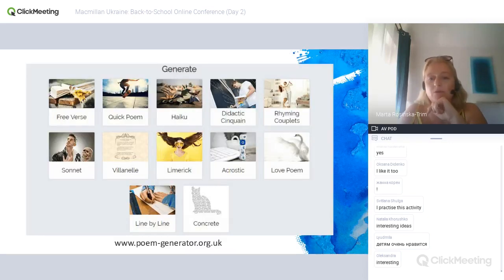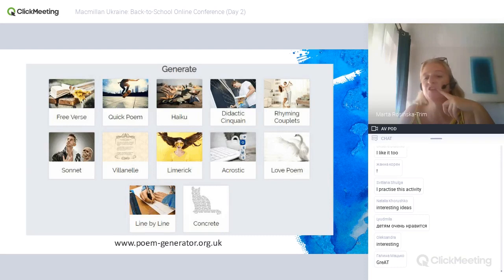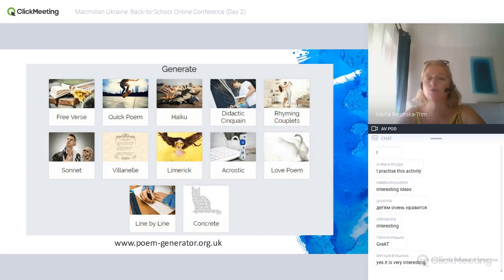If you are creative and you like your students to write poems, are you familiar with this page, Poem Generator? It's actually brilliant. We don't have the time to create poetry now, but there are different kinds of poems that your students can easily create. You need the internet. It's an online application.